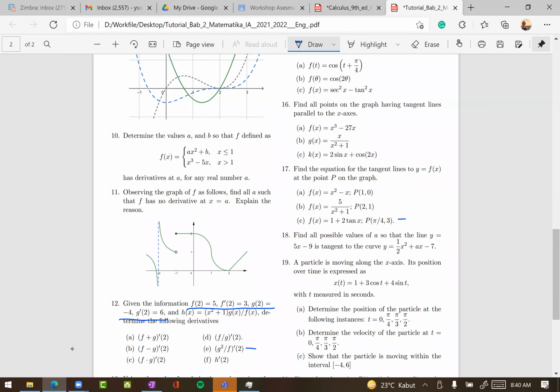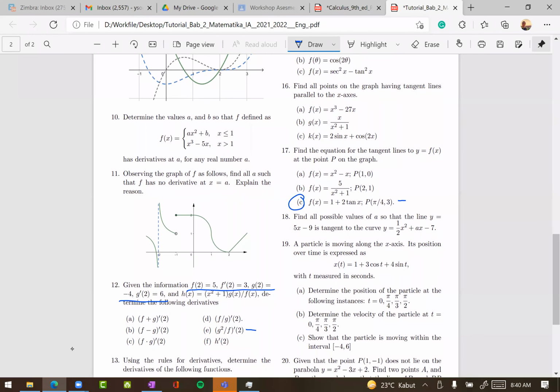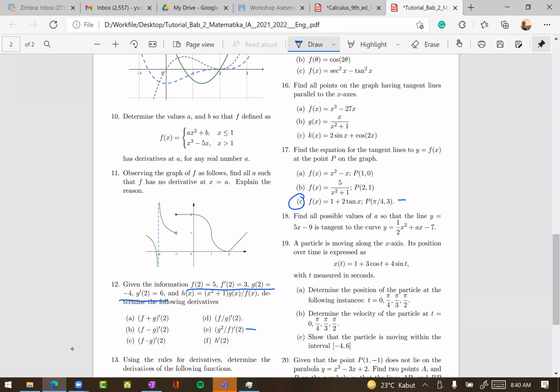Find the equation for the tangent line to the graph of the function 1 plus 2 tan x at the point P, pi over 3. Okay, let's find this out.